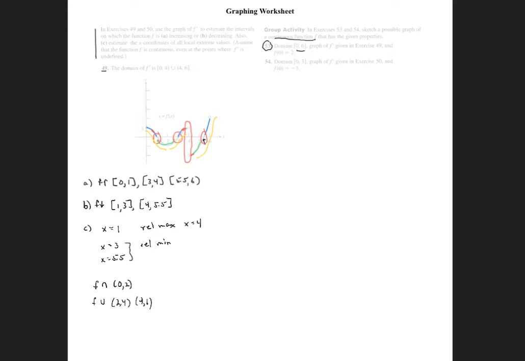Well, let's see if we can now put this together into a graph. So let me get my pen here. Okay, so here is going to be our xy axis, and we're told that f of 0 is equal to 2, so this is the only y value we know for sure.